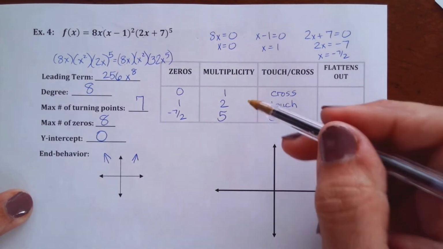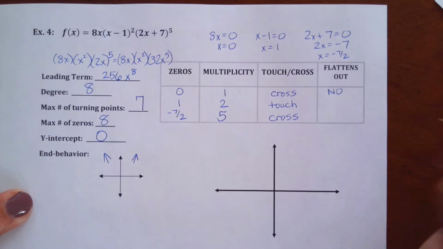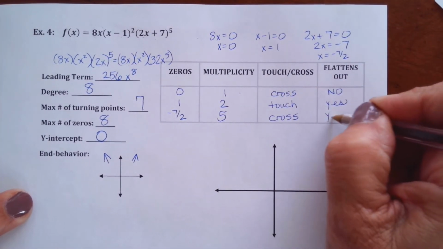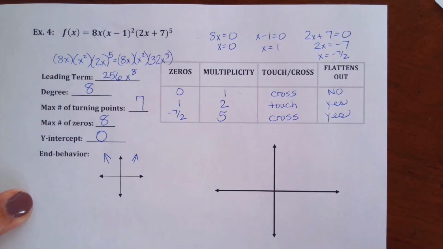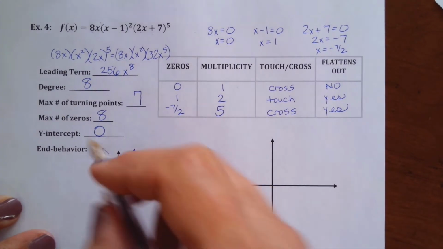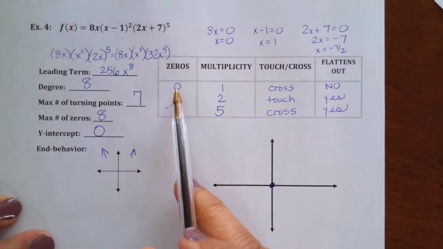Flattens out anything bigger than a multiplicity of 1. So at 0, it's not going to flatten out, but at the other two zeros it will, because those multiplicities are bigger than 1. Okay?